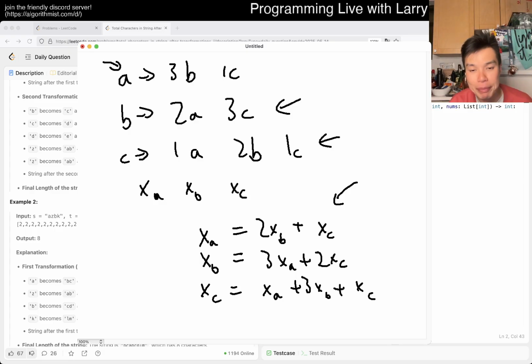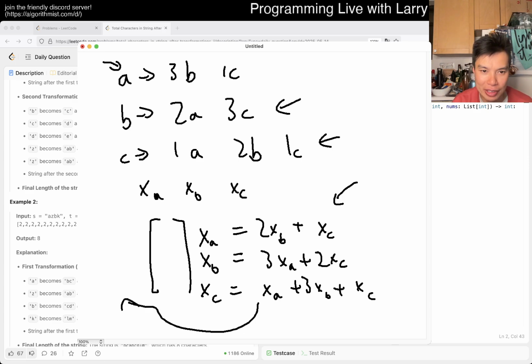In any case, this is how you set it up. And then if you rewrite this part, you can rewrite that as linear equations where you have x sub b, x sub c equal to the... this is a little bit awkward in that maybe I'm not super precise.